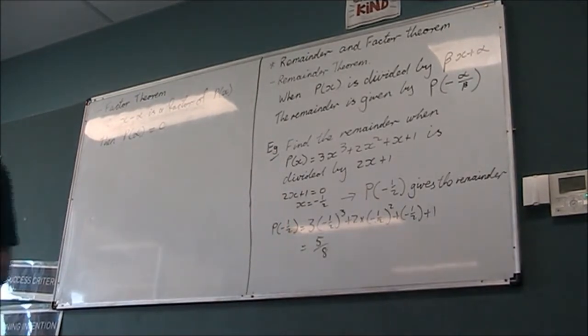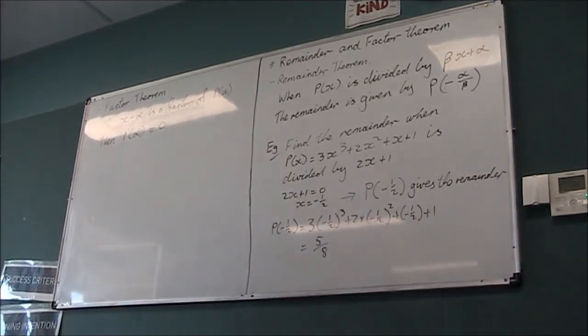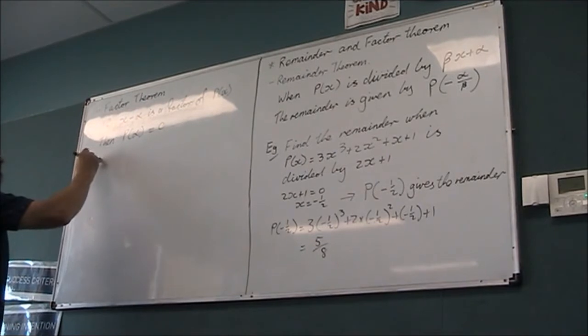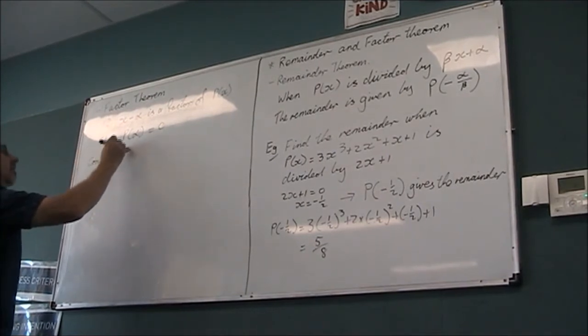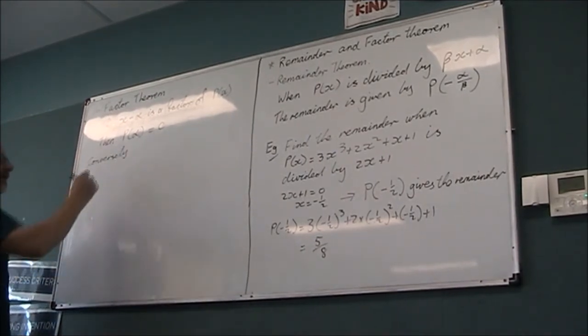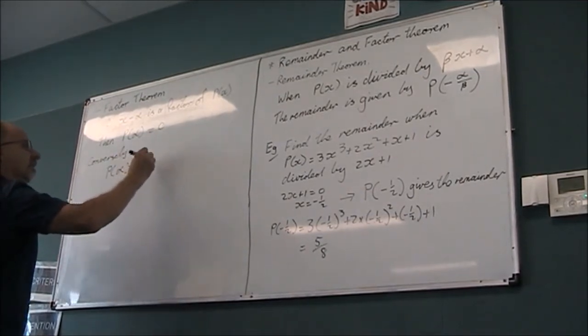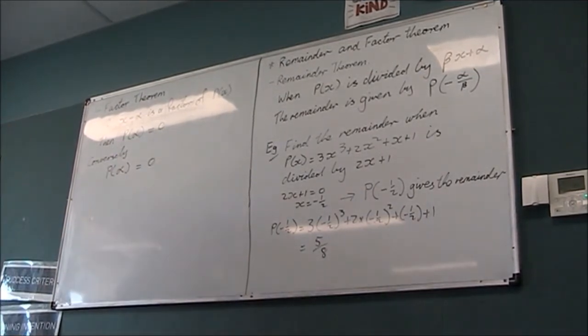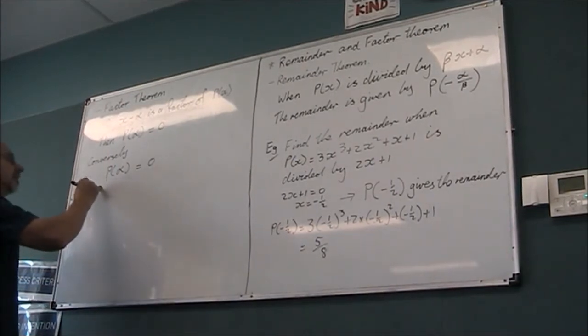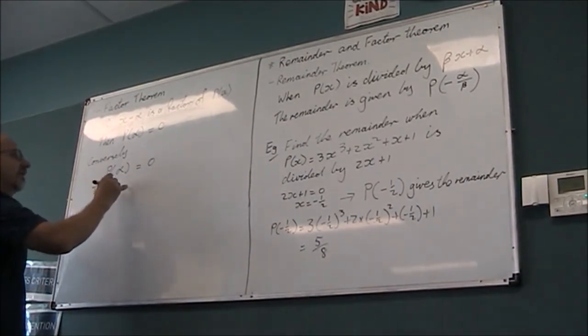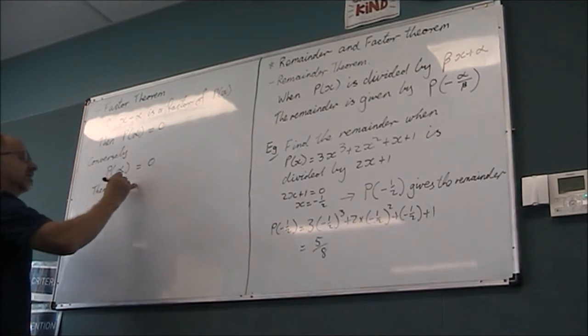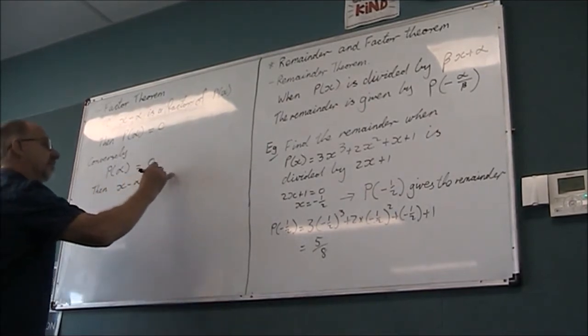So if you have a remainder of 0, and then of course conversely, if you've got p of alpha equaling 0, then the other way around, x minus alpha is a factor.